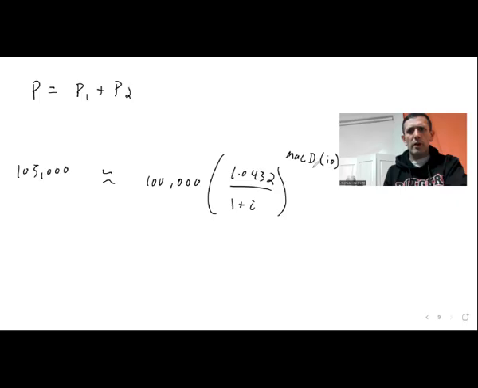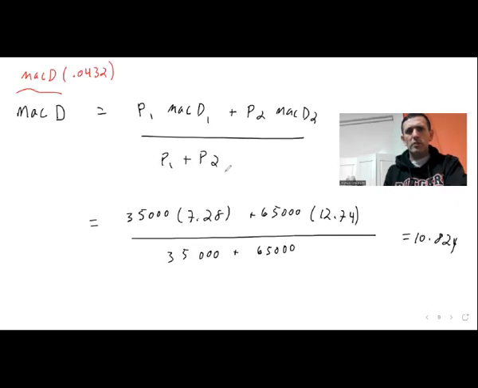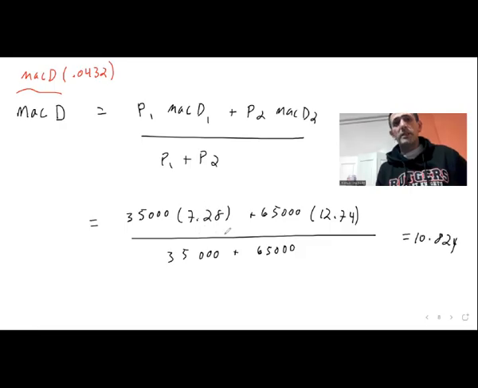But we just figured out the Macaulay duration of the sum of these two bonds at this yield rate, 4.32%, just because everything was priced at this yield rate.